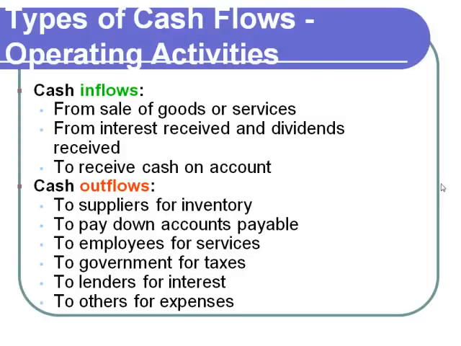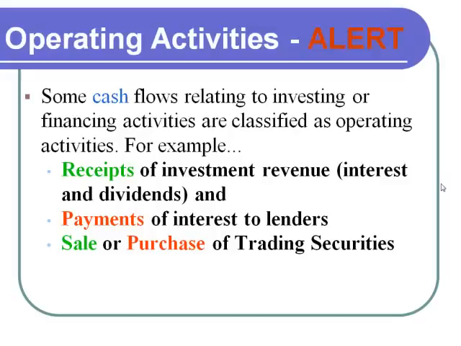Dividends received are also revenue, dividend revenue, and they are considered operating activities, and this is really an exception. They are considered operating activities because those two items show up on the income statement. So again, in general, the rule is if it's on the income statement, it's an operating activity.